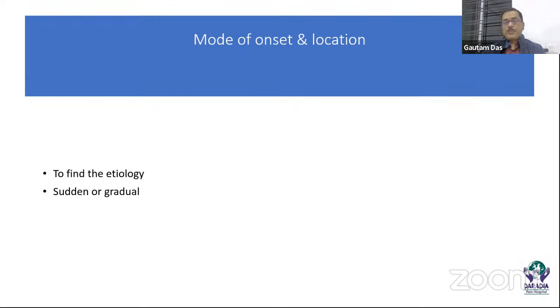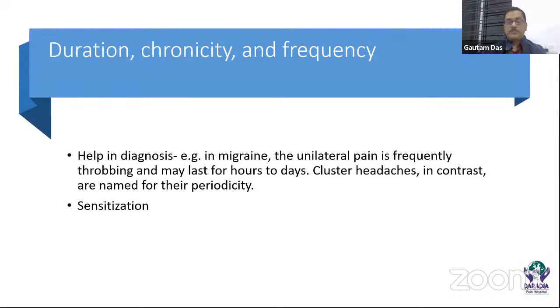So what we covered in the history of present illness: first was assessment of the quantity or amount of pain, or intensity of the pain, and that can be assessed by a unidimensional pain scale or multidimensional pain scale. Next step was assessment of the quality, whether the pain is neuropathic or not. Then what are the other areas? Onset, mode of onset and location, how it started, whether it is gradual or slow onset.